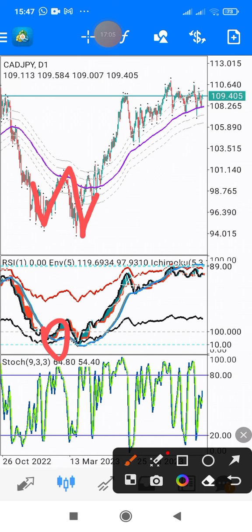Then it changes direction, which is here. That is okay. We wait for it to go above moving average, exponential moving average, and also it will be supported by Ichimoku, change in color of the direction of the market.